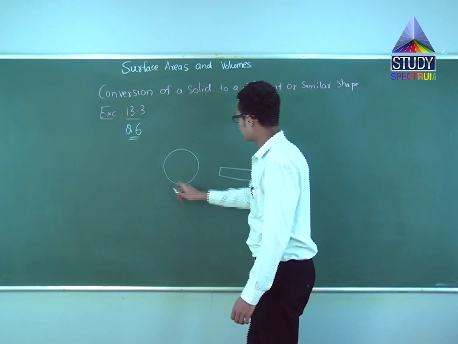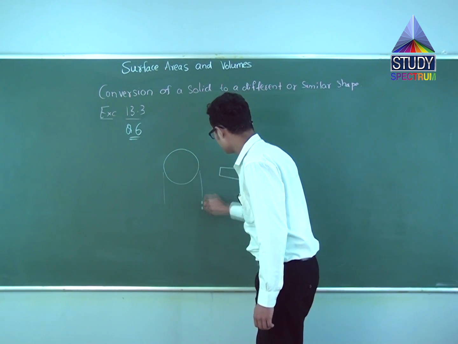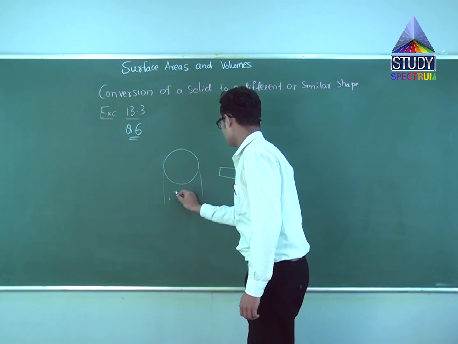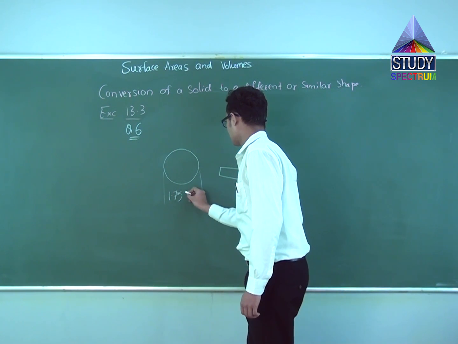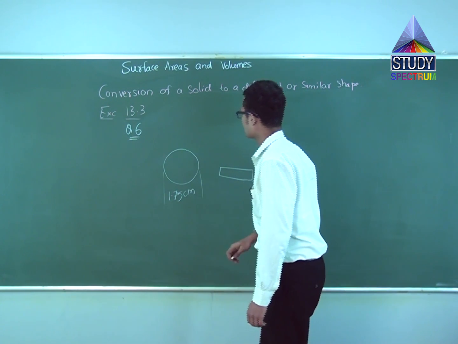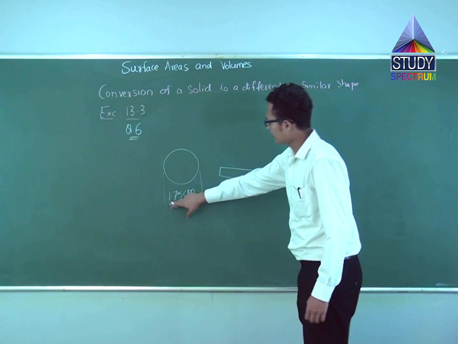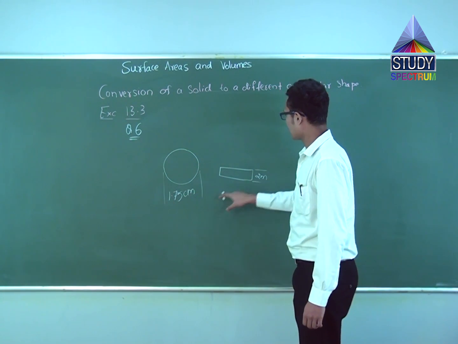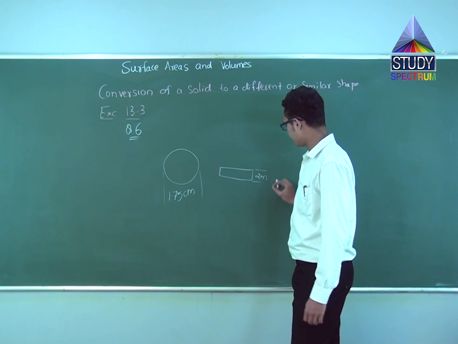The diameter is 1.75. This is a silver coin whose diameter is 1.75 centimeters and thickness is 2 mm.